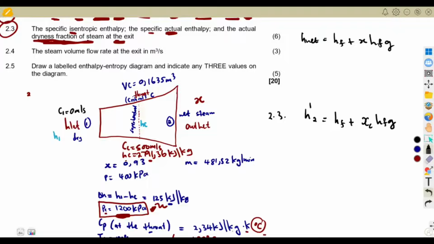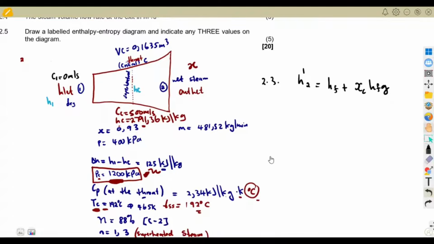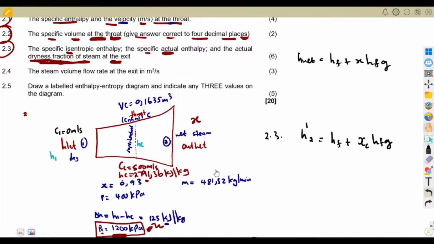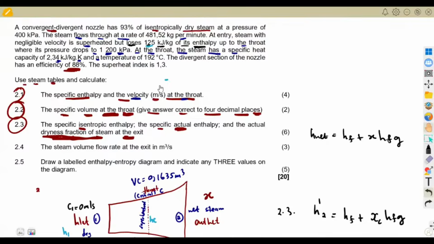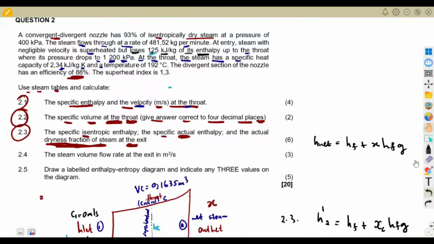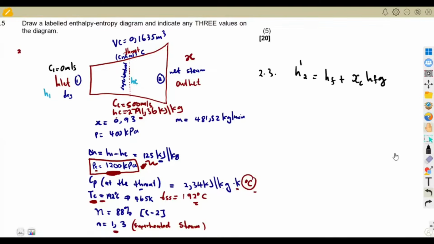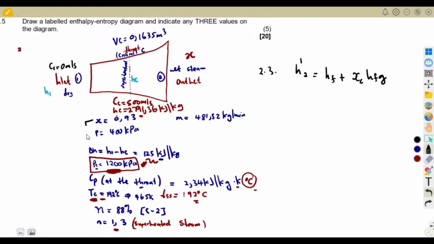And also the pressure that we have there, which pressure are we given? Take note here, we are given that when we have this dryness fraction of 0.93, the pressure there is 400. So the dryness fraction goes with this pressure.